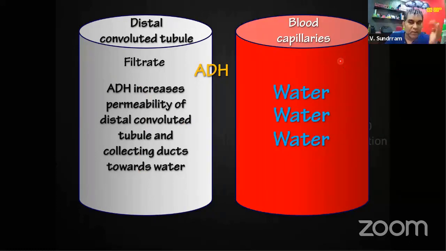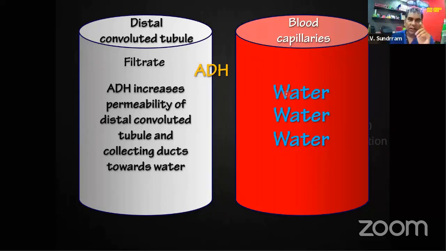Your last mark is the happy ending: osmotic pressure decreases back to normal. 5 marks, easy. Osmoreceptor, pituitary gland, function of ADH, more water reabsorbed, happy ending, decrease back to normal.